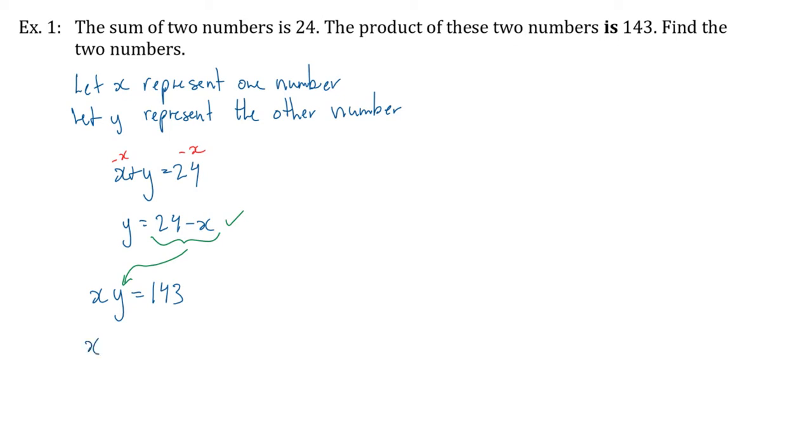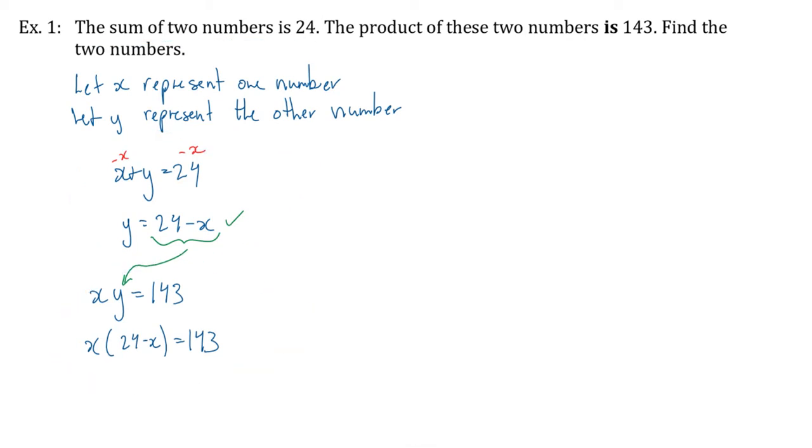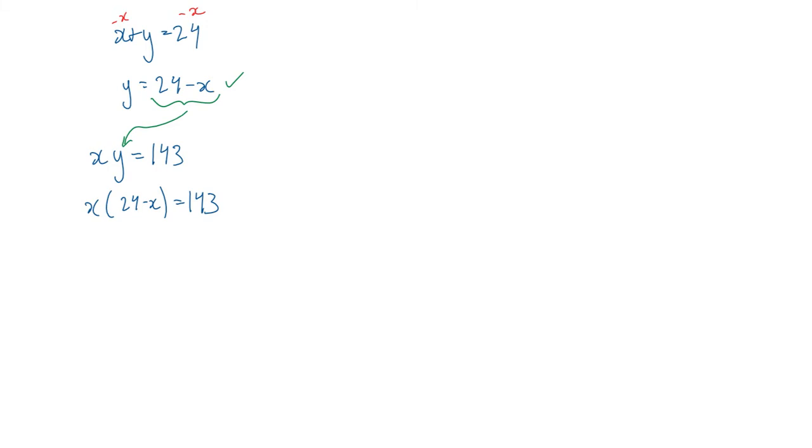Now I've got x times (24 minus x) equals 143. That's why every question gives you 2 pieces of information: one piece is to do this and the other is to do this. And now I have a quadratic equation that I can solve. So I'm going to expand.